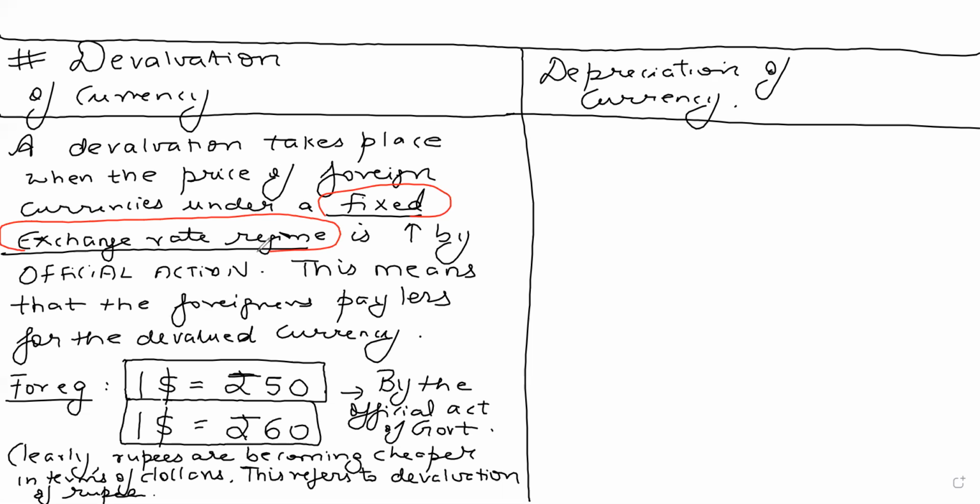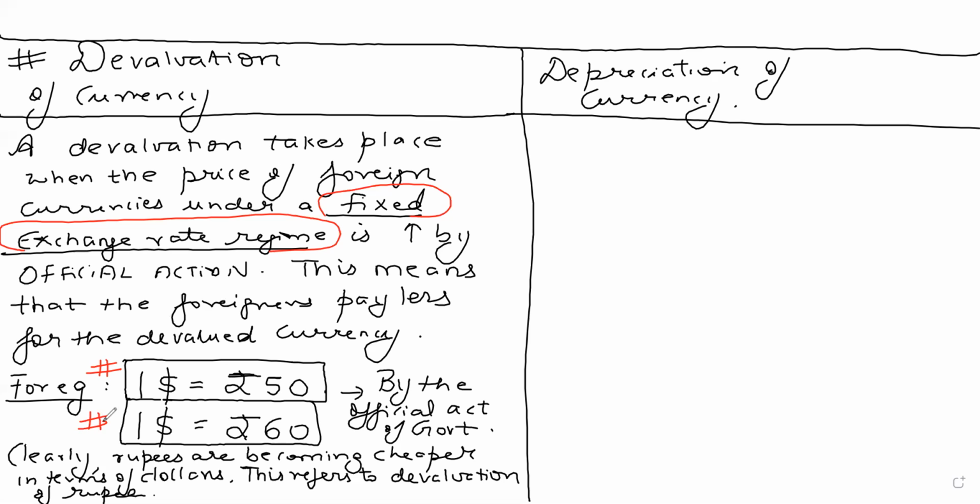So when the government intentionally increases the price of the foreign currency in terms of the domestic currency, we say that the domestic currency is getting devalued. You can clearly see initially $1 was equal to 50 rupees. Now the government has intentionally made $1 equal to 60 rupees.